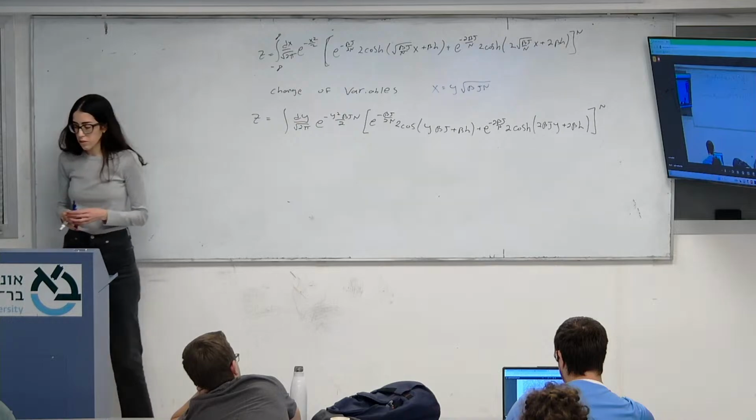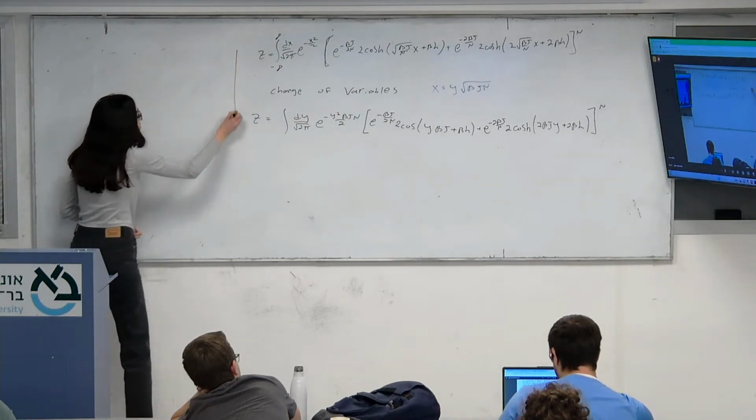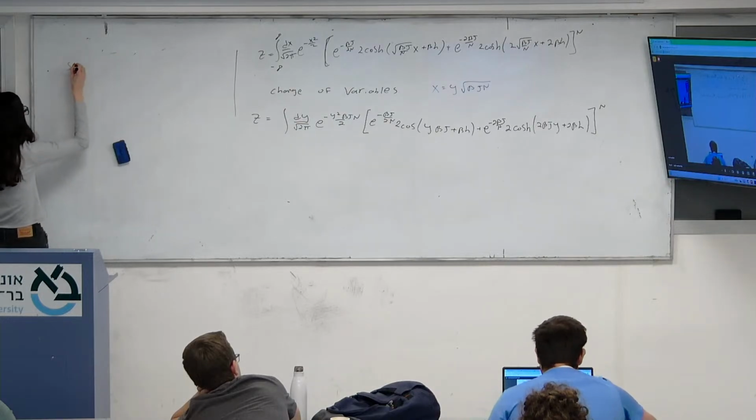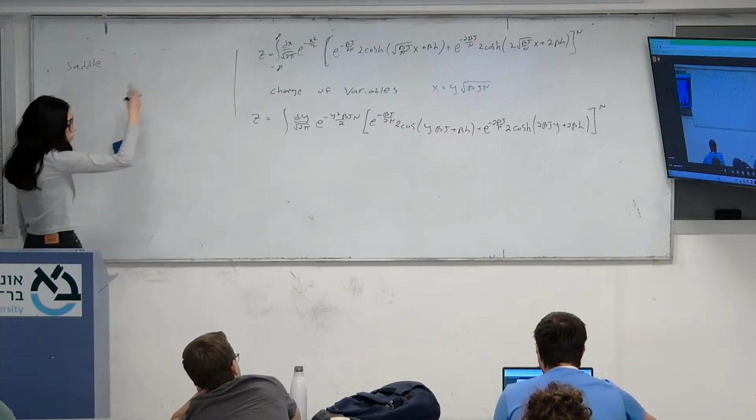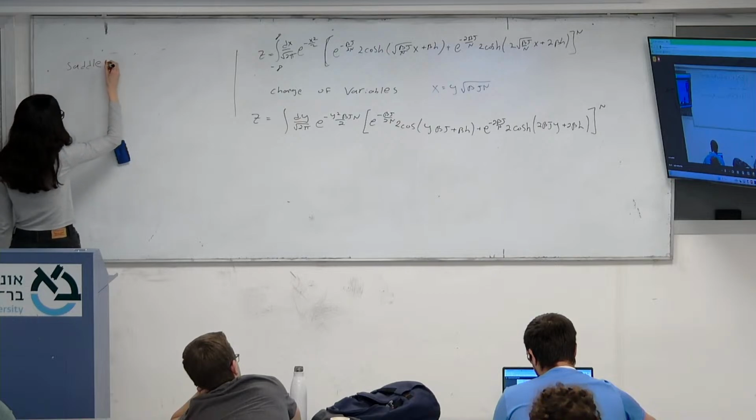Just a change of variable, nothing interesting. Okay, so now saddle point approximation. I'm putting that aside for a second to talk about that, and then we're going to use it for the integral.